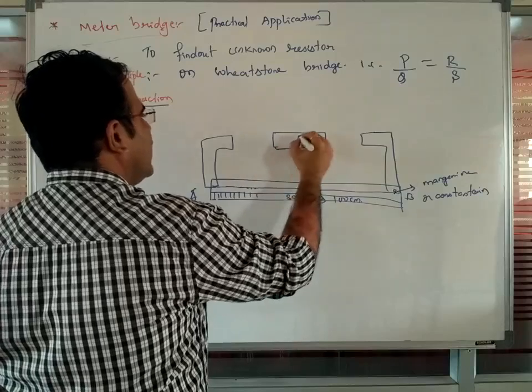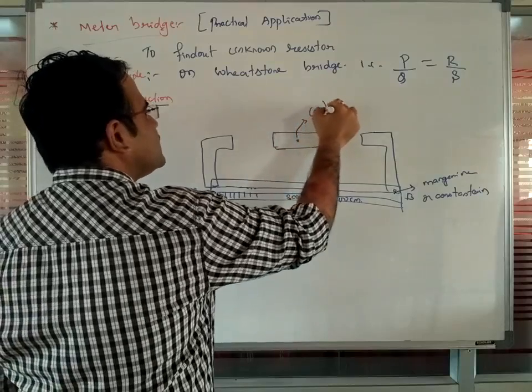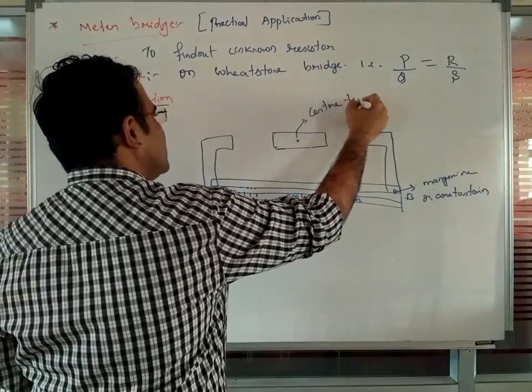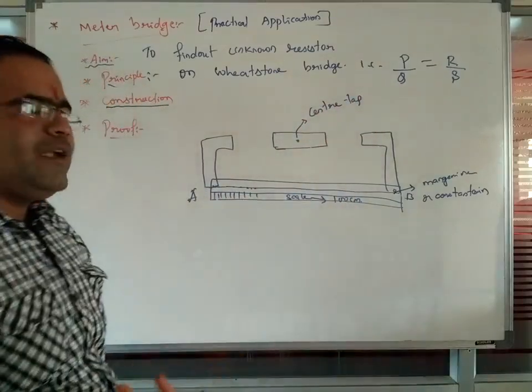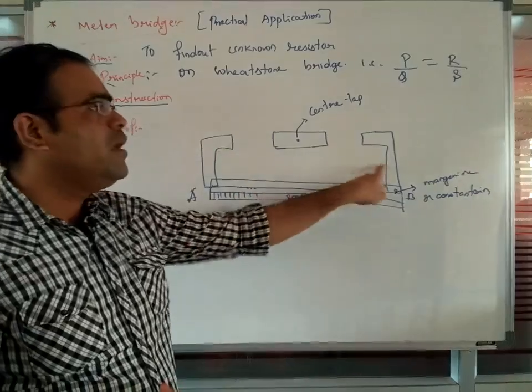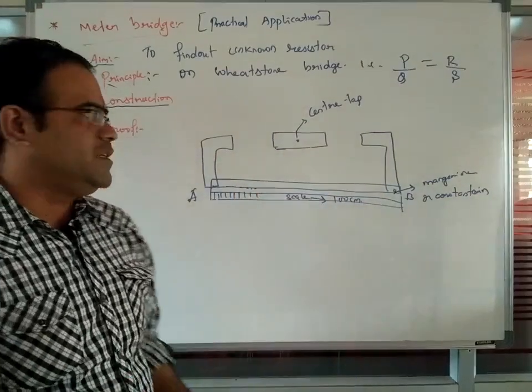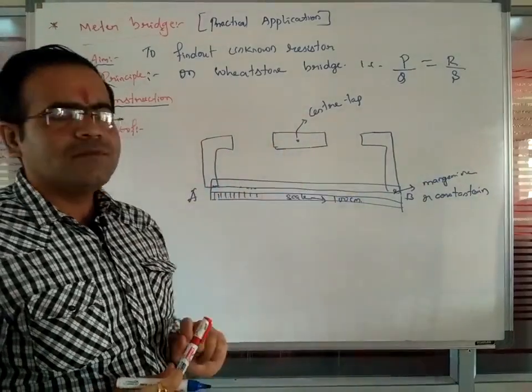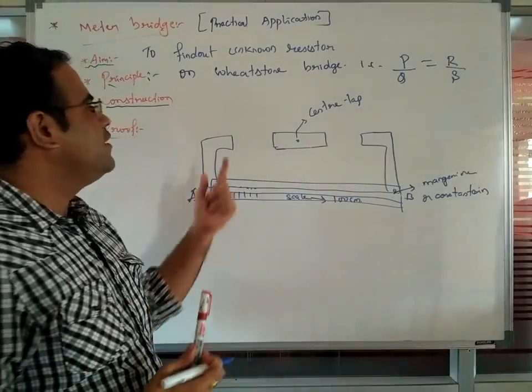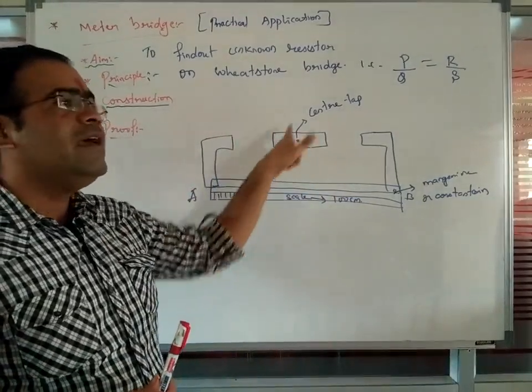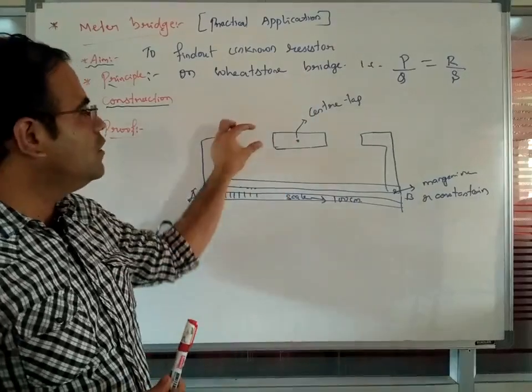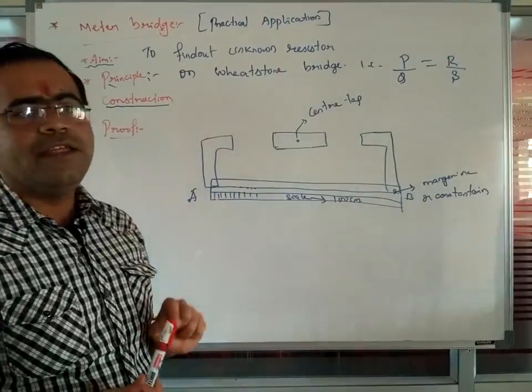It makes the gap between the two extreme end copper strips, so a center tap, a sensitive device, is used there.